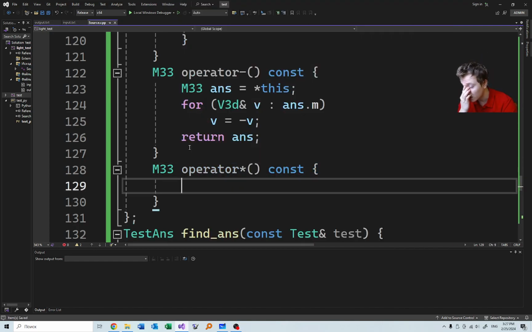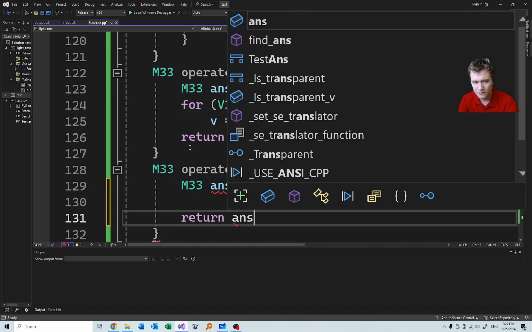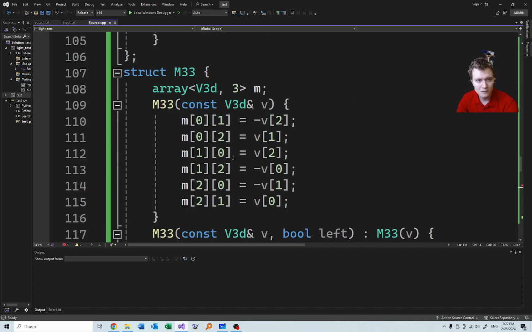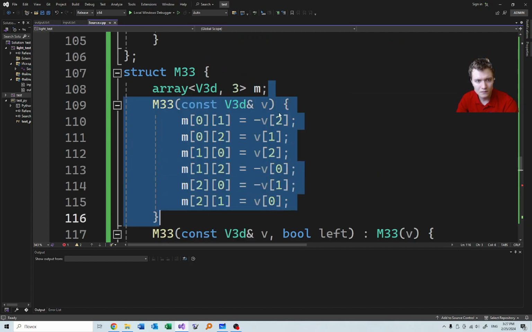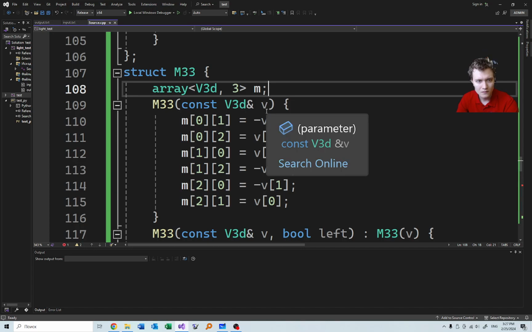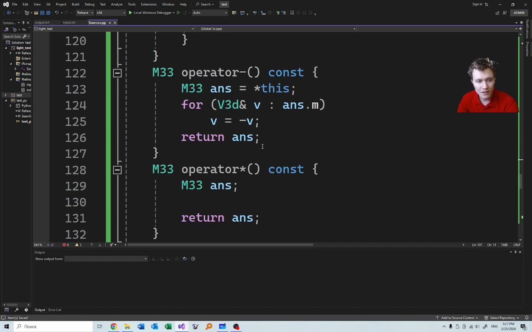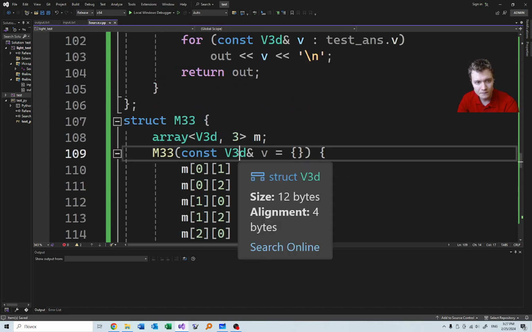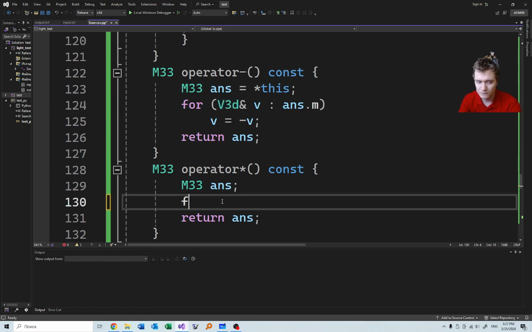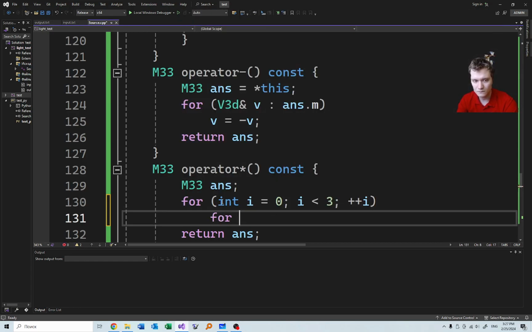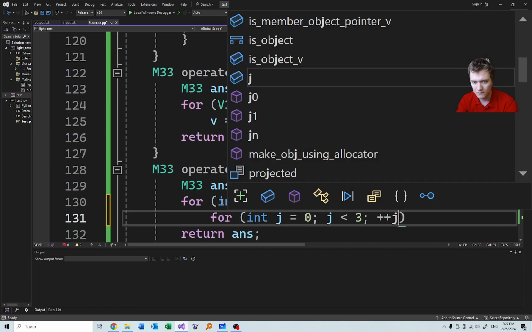Okay, so how do we multiply the matrices? So M33 ans.